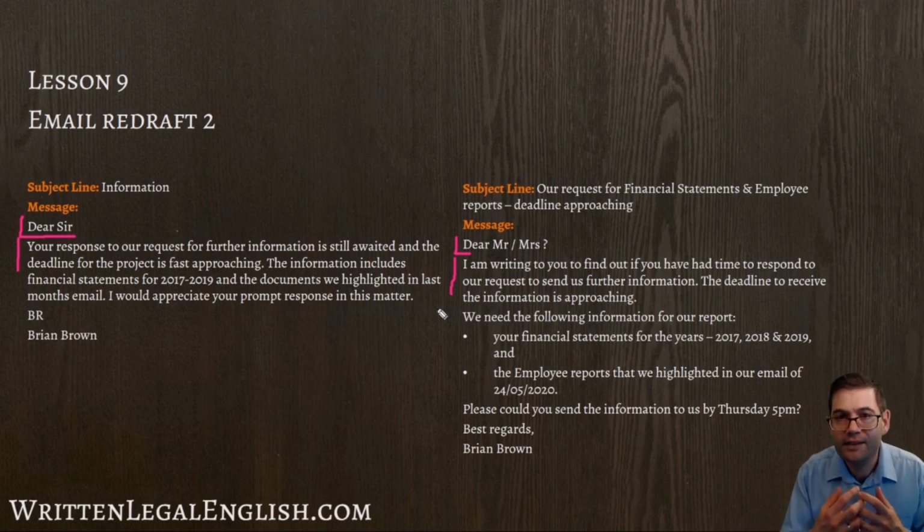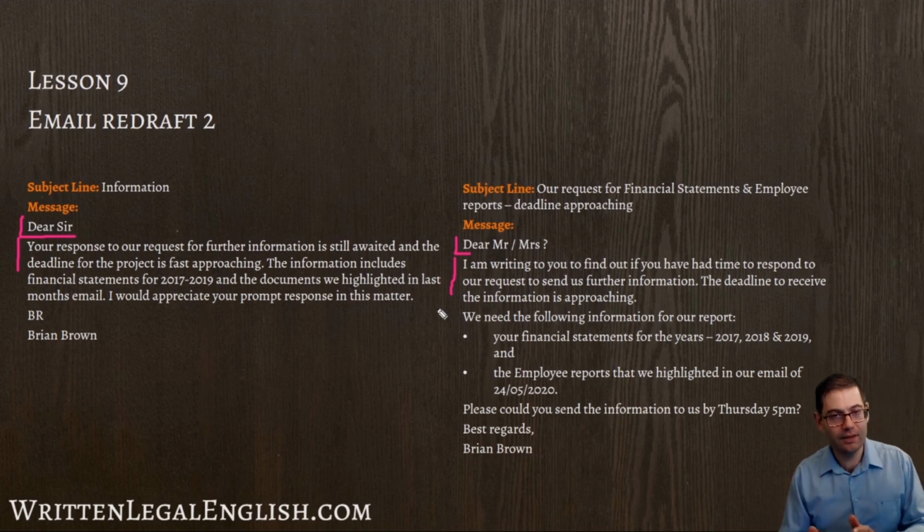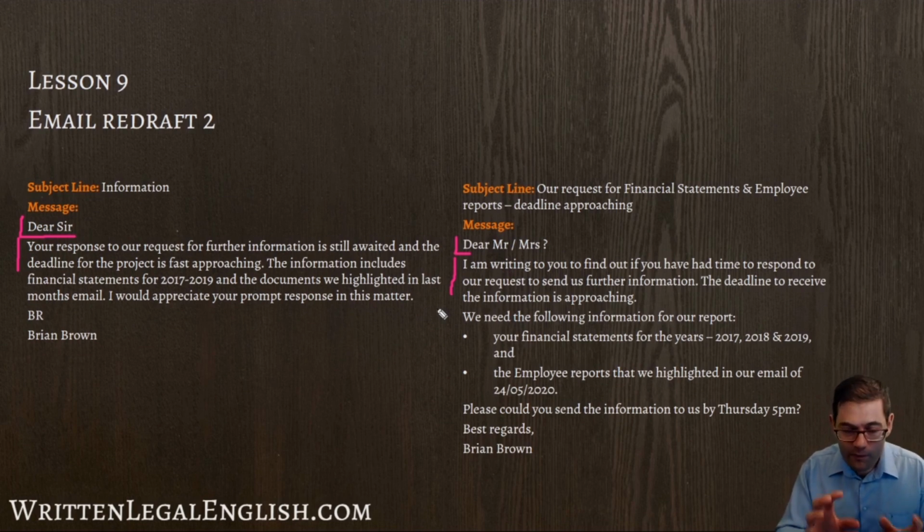So I'm clearly communicating the relationship between me and the reader. And then I go on to say, "The deadline to receive the information is approaching." Now this is a second point, and so it should go in a second sentence. Okay, so we've made the reason for writing a lot clearer.